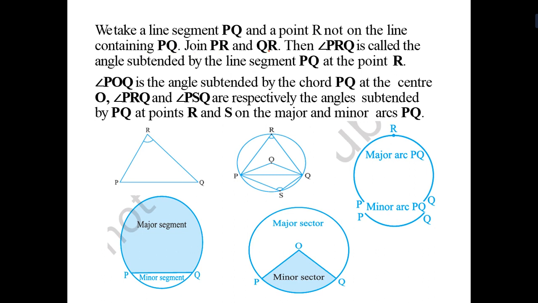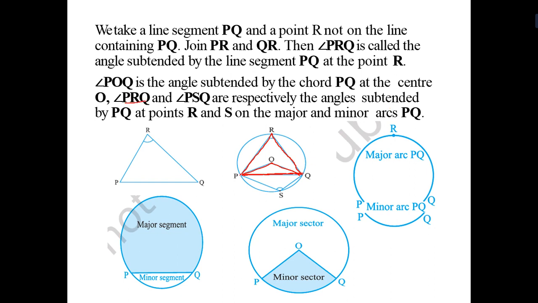Join PR and QR, then PRQ is called the angle subtended by line segment PQ at R. So this is a line segment. Now if I join this, angle subtended by line segment PQ at R. POQ is an angle subtended by the chord PQ at the center.